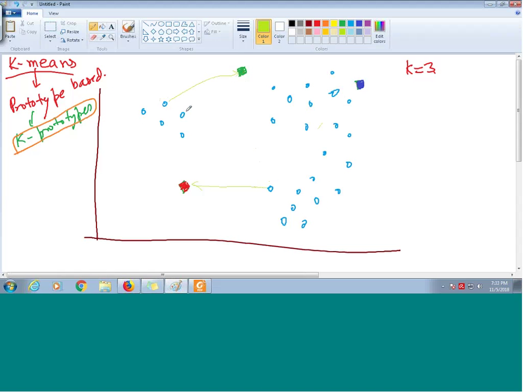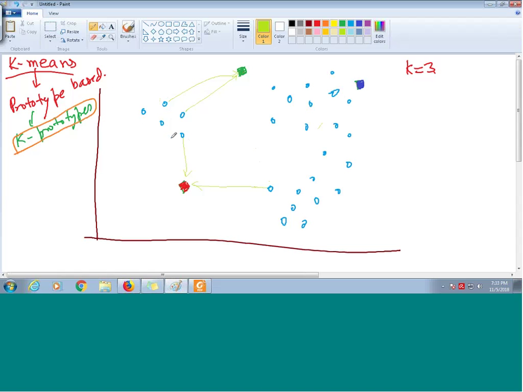What about this item? Same, green. What about this item? Red? All right, I agree. What about this item? Looks like red, also assigned to red.